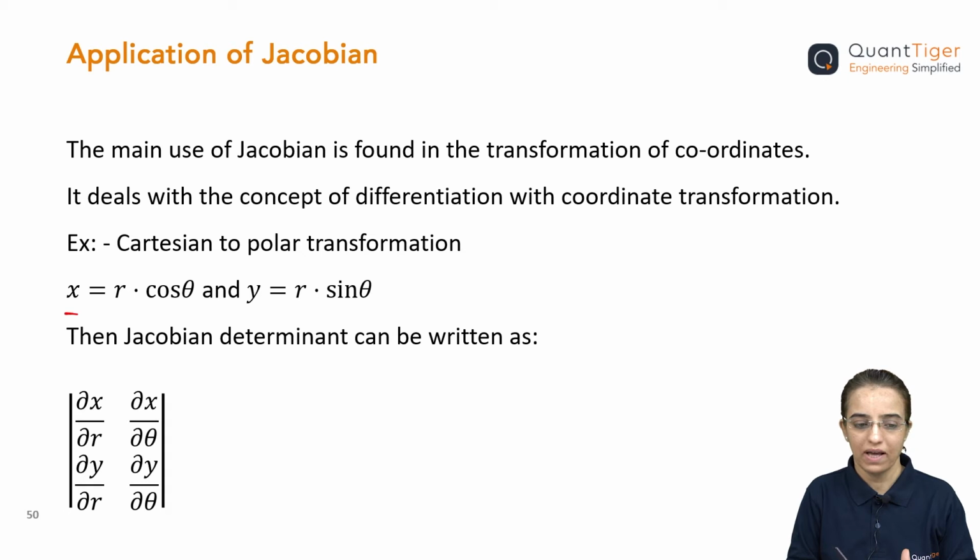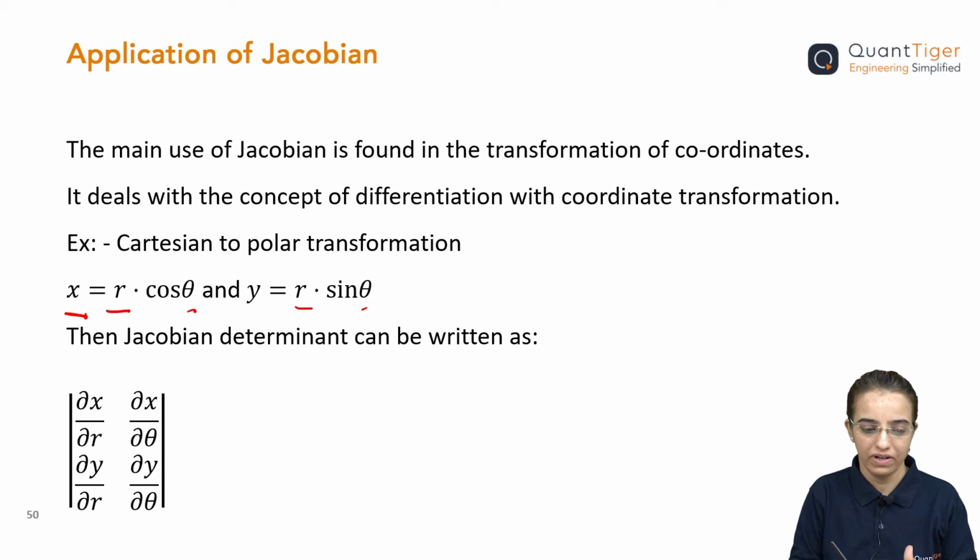For example, I have given here x equal to r cos theta, and y is also given as a function of r and theta. Same as here, x is a function of r and theta, y is a function of r and theta, as r and theta are the variables. To write the Jacobian, we simply differentiate the given functions with respect to the variables.